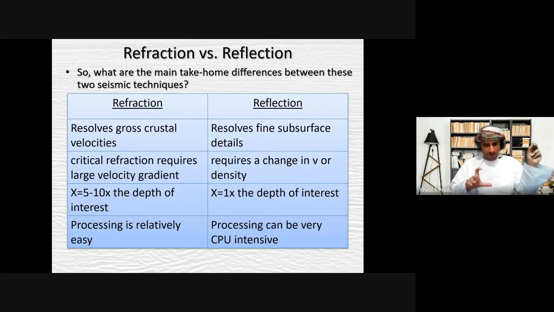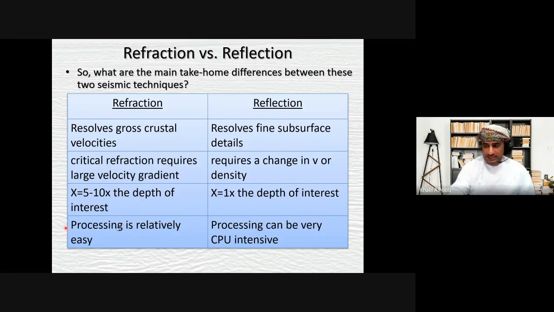If I want to go 50 meters, 50 times 10, 500. My spread from geophone 1 to the last, number 24, how much should I make it? 500 meters.